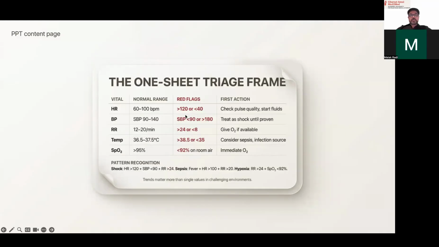If you compare the normal range versus the red flags column, what you see is a completely different set of signs. Now, if you go to a patient and you take your blood pressure and you take your oxygen measurements, all of them are going to be on a piece of paper for you. You write for yourself.